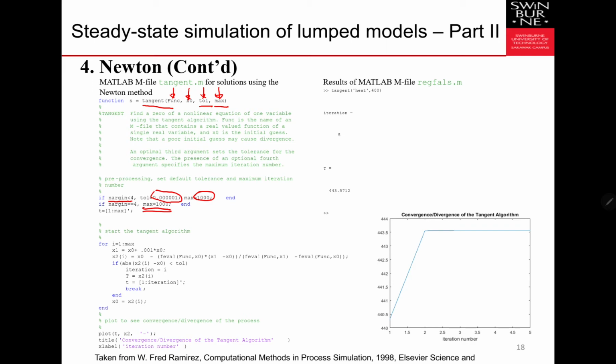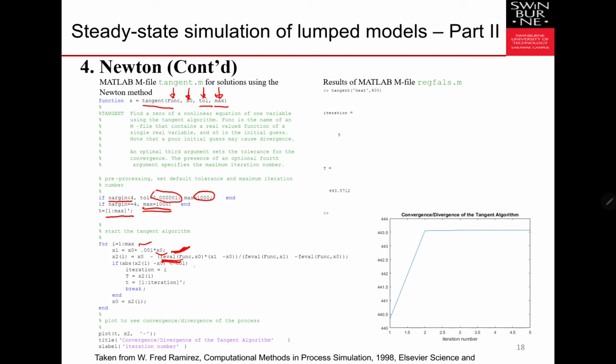Then this creates a matrix consisting of 1 until 1000, for example. So for 1 until the maximum iterations, this will create a dummy value, which is 0.001 plus the initial value, and then this file will evaluate the functions.